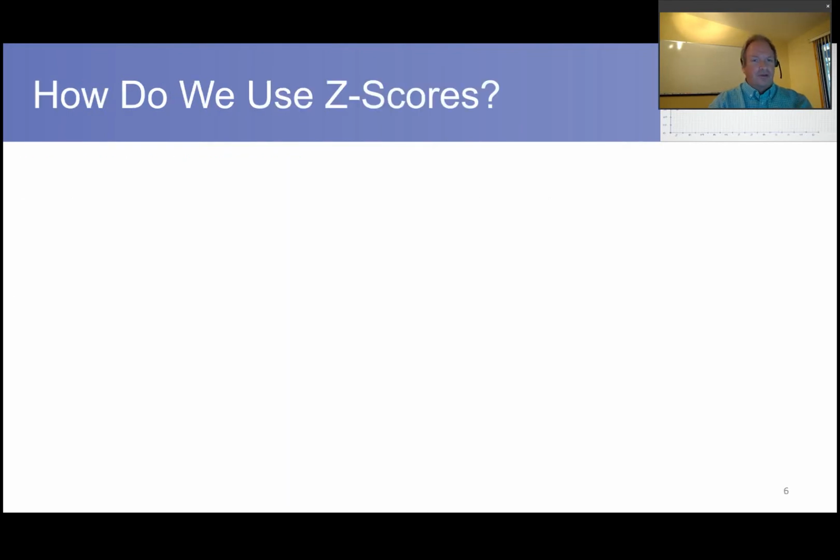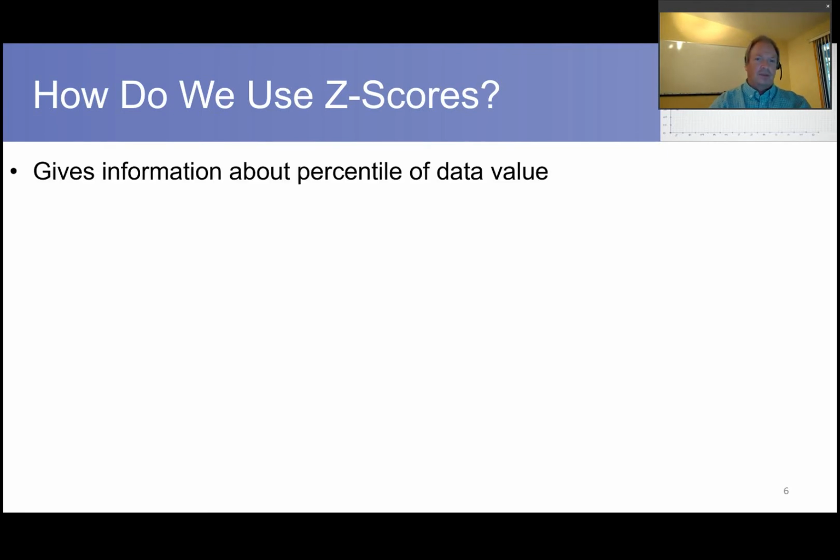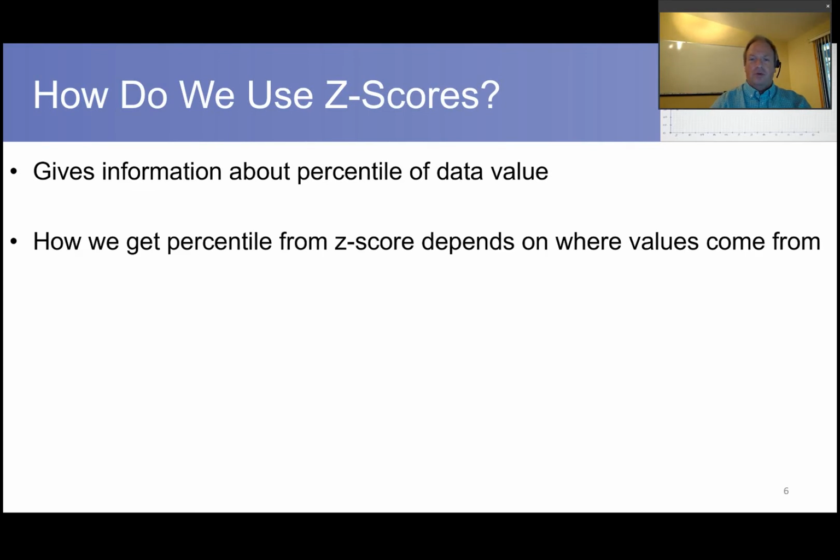So how do we use z-scores? Well, we're going to use z-scores to compute probabilities. And we already know that if we have the percentile of a data value, it actually gives us a probability. But how can we do that with a z-score? And the answer is it depends on the data that we're looking at.